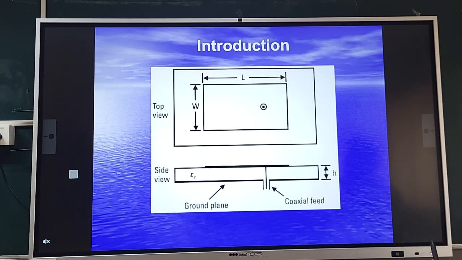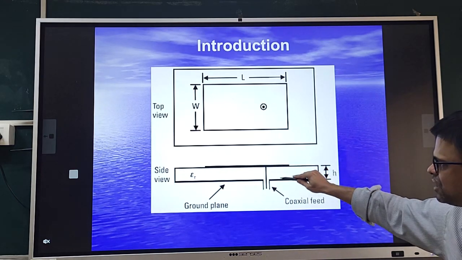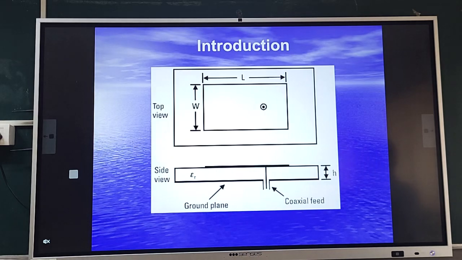With these properties, it replicates the properties of air, and hence foam is also used as a substrate. What additional advantage does it offer? It resides between the patch and the ground plane, so it provides support for your radiating patch. So this is all about substrate selection.